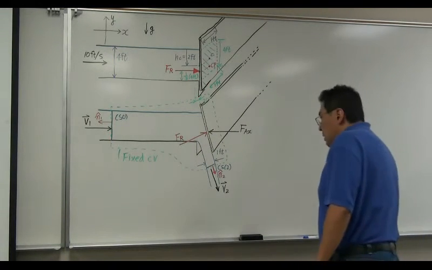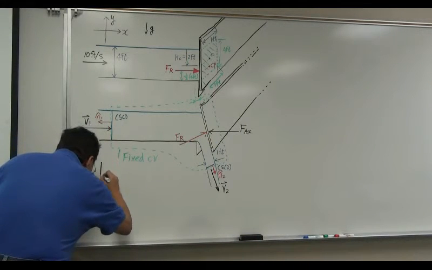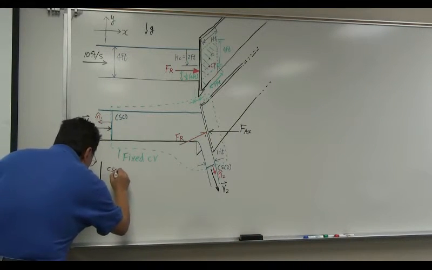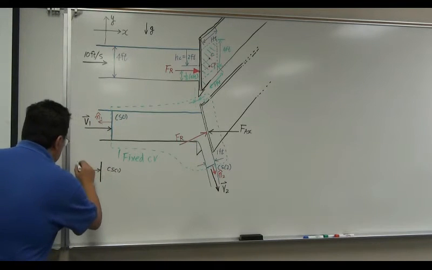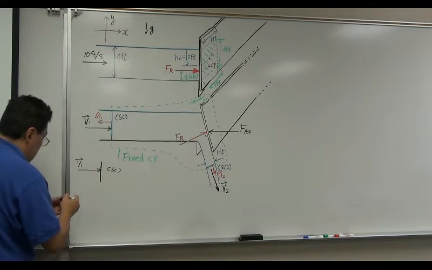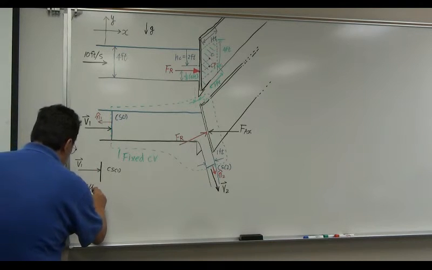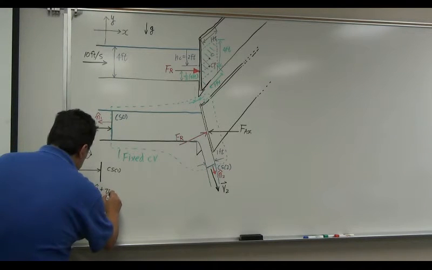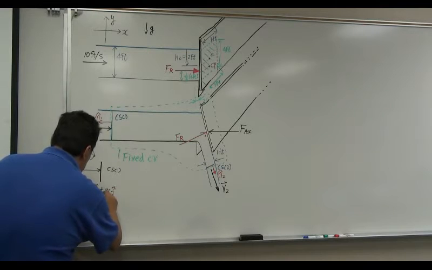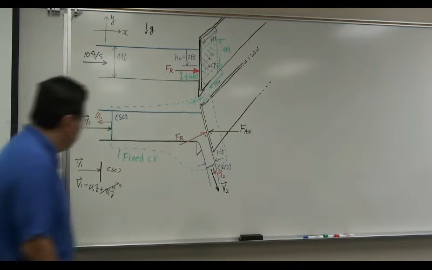Now obviously, this is control surface 1. Velocity v1 is u1 i plus v1 j, but this is only in x direction.